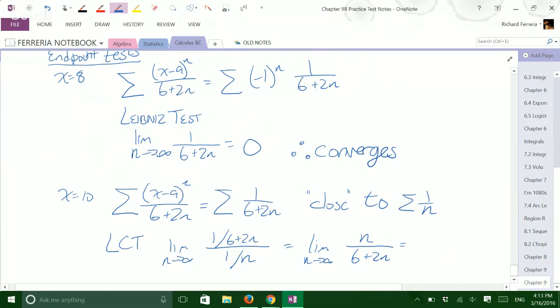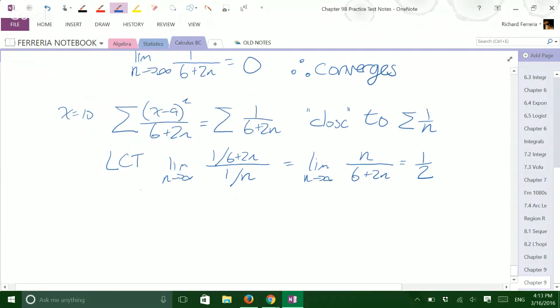Take the lead terms, n over 2n. That simplifies to 1/2, which is a constant between 0 and infinity. So we don't know. Nope. Since this series diverges, this series diverges.